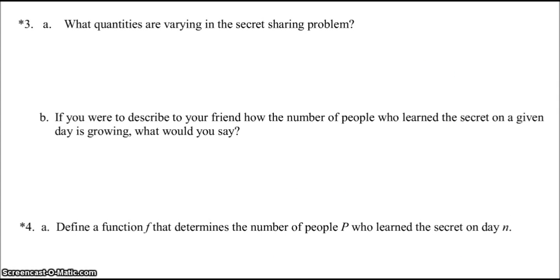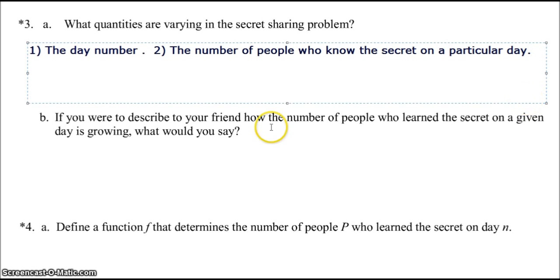Number 3a, what quantities are varying in the secret sharing problem? So if I think about the quantities that are varying, the day, that's a number, it's changing, the number of days is increasing, and the number of people who know the secret is also increasing.